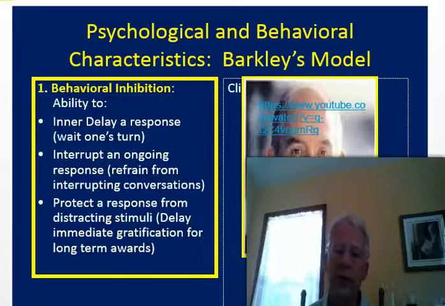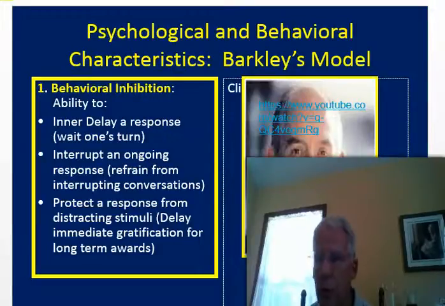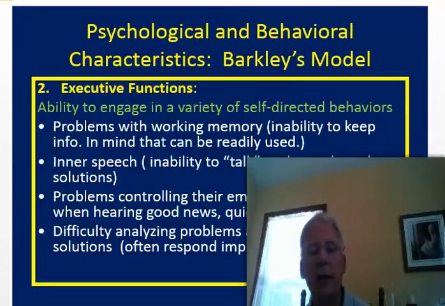So the ability to wait one's turn, the ability to interpret a response, to protect a response from distracting stimuli. Those are things that quote unquote normal people can do. If you have ADHD, it's very difficult for those individuals to do that.